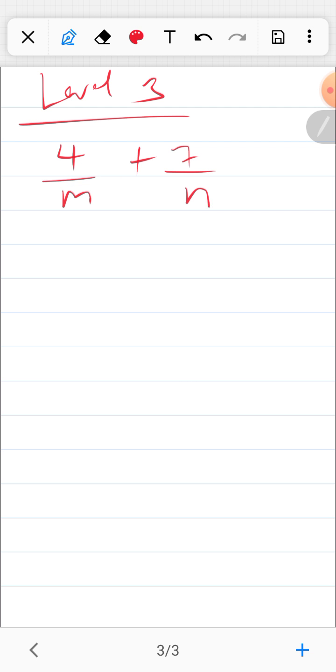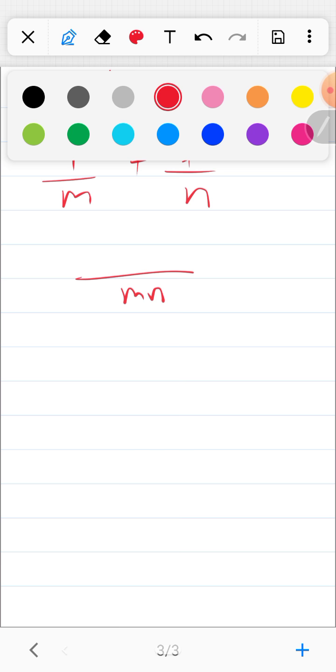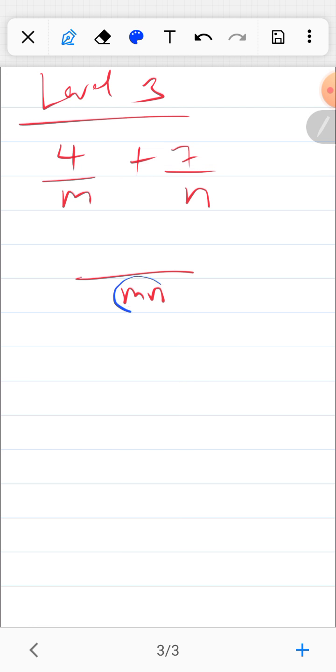This one, if I want to simplify it, there are two fractions that I'm adding. How do you add fractions? The same way you add any kind of fraction, you find the LCM. The LCM of m and n is m times n. If I divide that product by m, I'm going to get n.